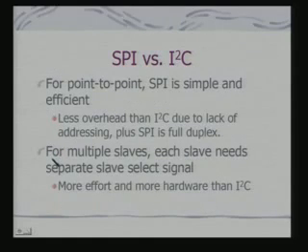So, now if we compare the 2 for point to point, if you look at SPI it is simple and efficient, less overhead than I2C due to lack of addressing, and plus SPI is full duplex. So, it can be much faster than that of I2C. So, for multiple slaves, each slave needs separate slave select signal.